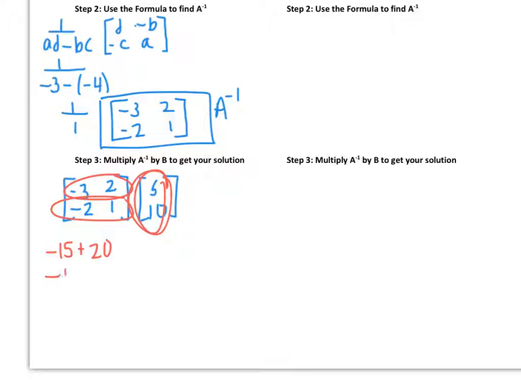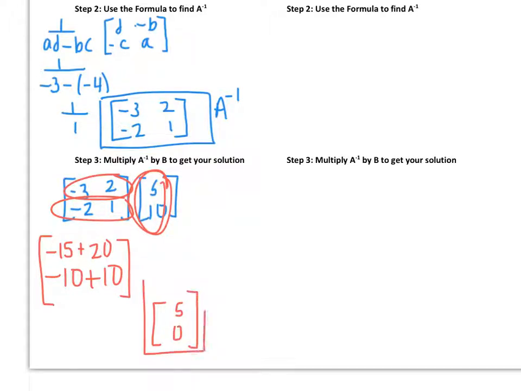And then 1 times 10 is 10. So we add those together and we get 5 and 0. So these are my solutions. So x is equal to 5 and y is equal to 0. We just solved that system.